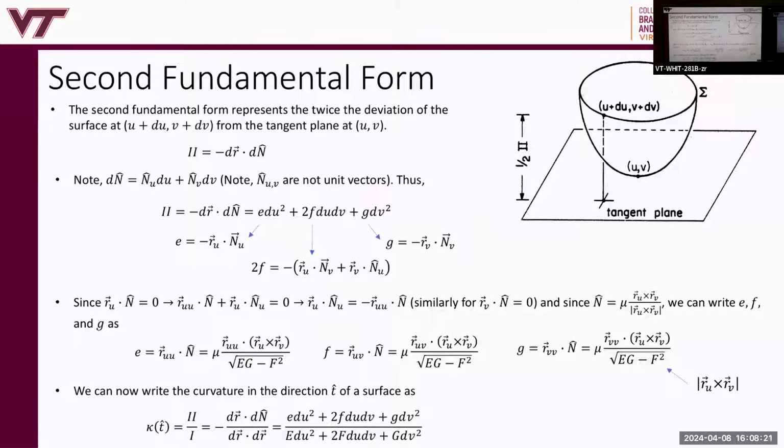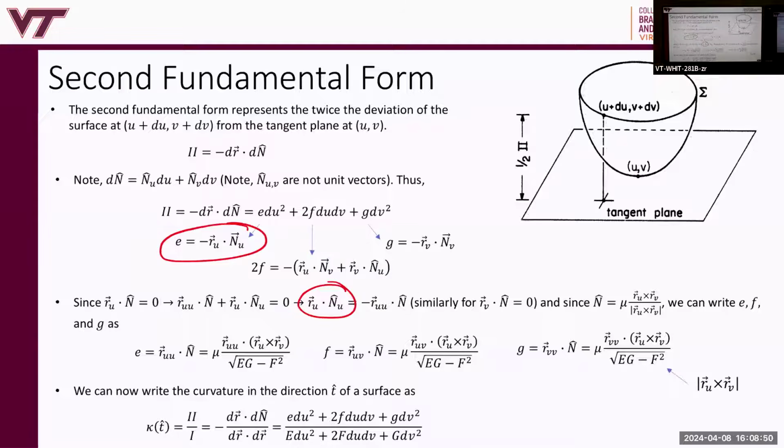All right. So then we can move this term to the other side, and what we find is that RU dotted with NU is equal to negative RUU dotted with N. So it's this term that you see here, right?